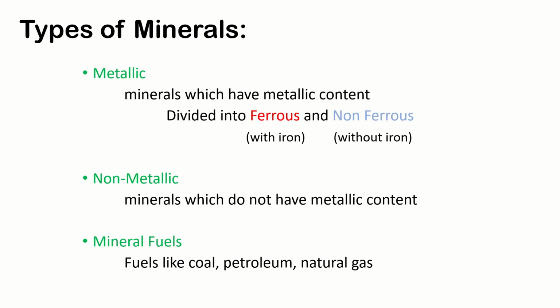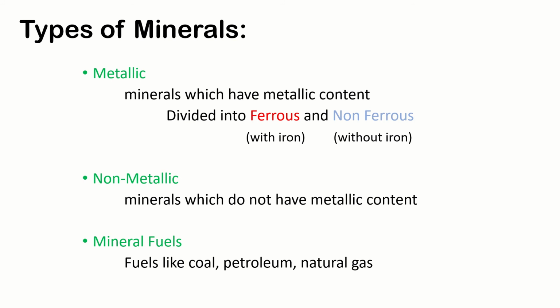Now let's go into the types of minerals. We have three definite types of minerals: the metallic, the non-metallic, and the mineral fuels. So let's start off with the metallic. Metallic minerals, children, are composed of one or more metallic elements.